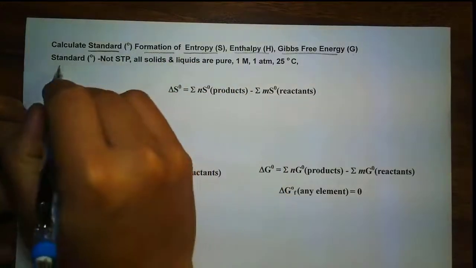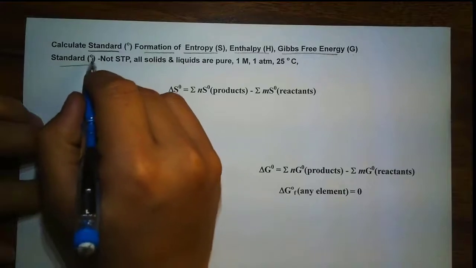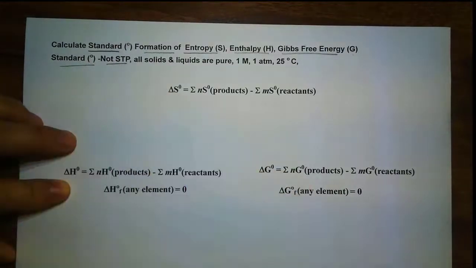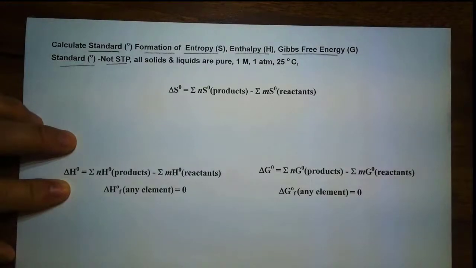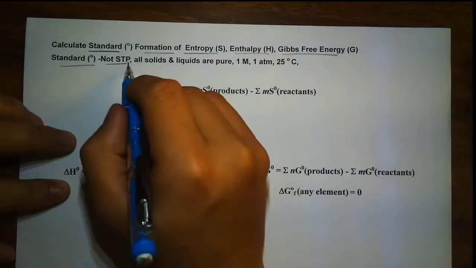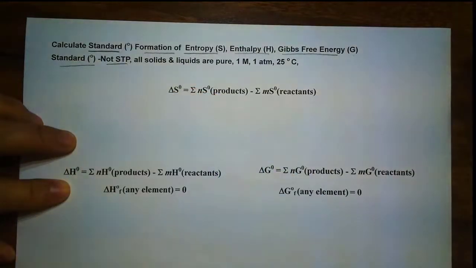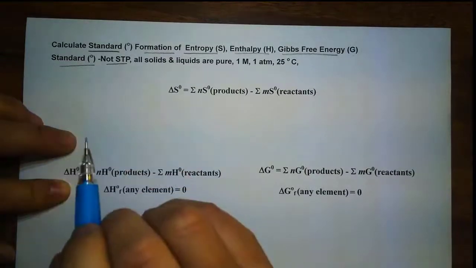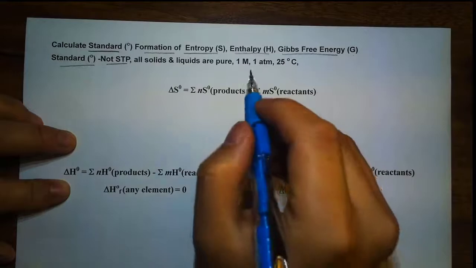The superscript looks like a circle or a letter O. Now the word standard represented by this superscript letter O is not referring to the STP, standard temperature and pressure, that we are dealing with when we're working with the gas law, where we have 0 Celsius and pressure 1 atm. The only difference is the temperature.